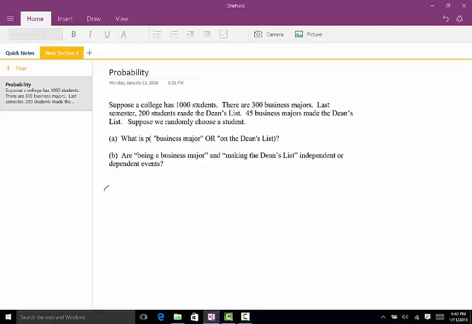So for part A, we'll use the OR formula. The probability of A or B, OR means plus. Take the students who meet the first criteria, add the students who meet the second criteria, but then you have to make an adjustment because there are conceivably some students who were double counted.